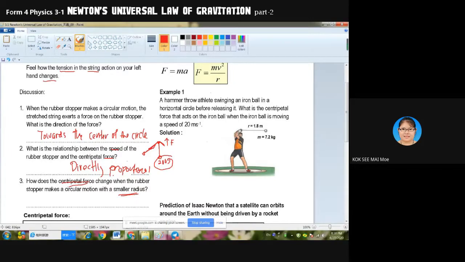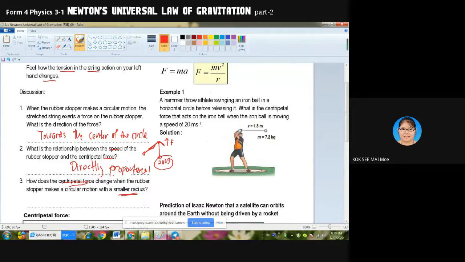Now your radius becomes smaller, now your force becomes big or small? Small. Okay, the force becomes small to swing it. Because if I use the same force to rotate, it should become faster because your radius becomes smaller already.